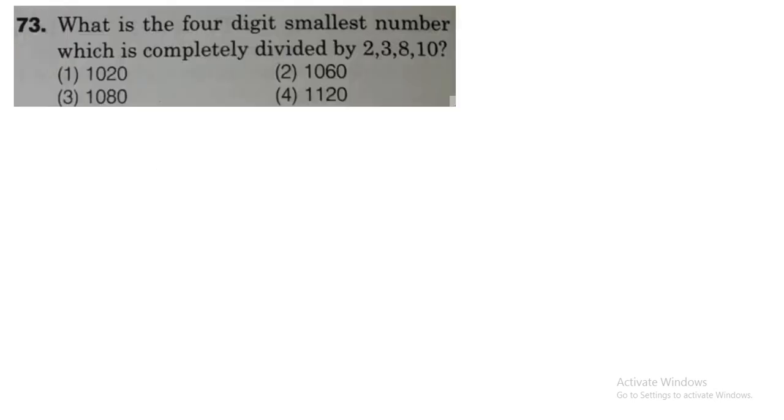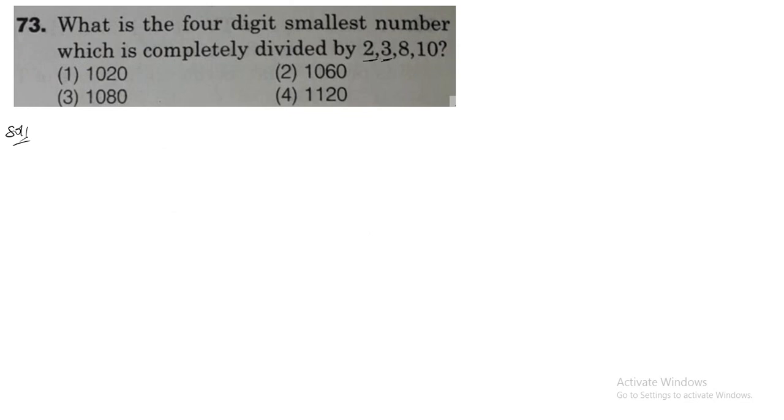Next, moving on to question number 73. What is the smallest 4-digit number which is completely divisible by 2, 3, 8, 10? Whenever you are asked such a question, first check. For 2, all the options are satisfying.